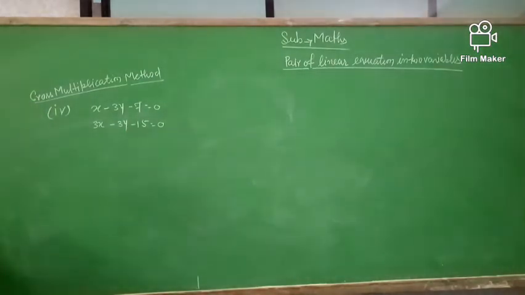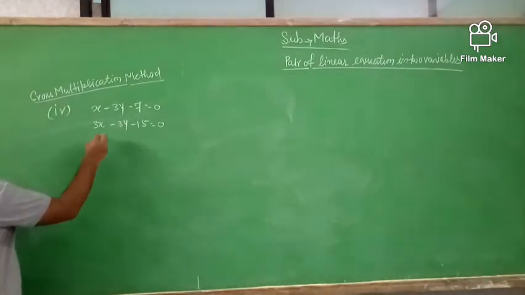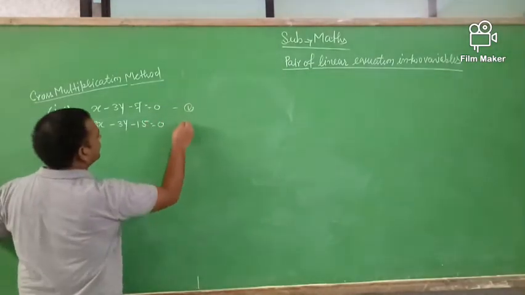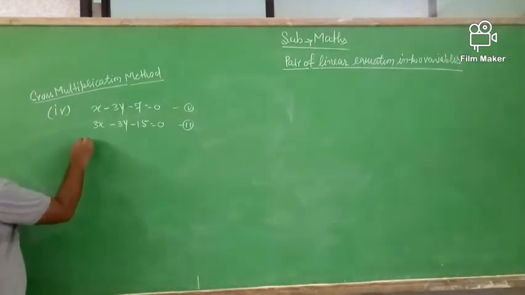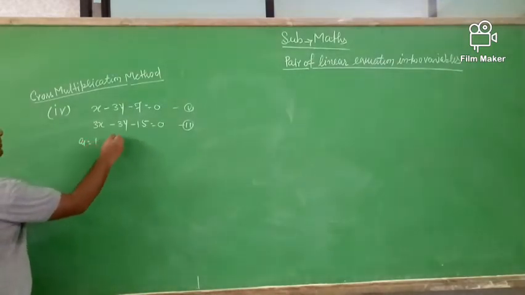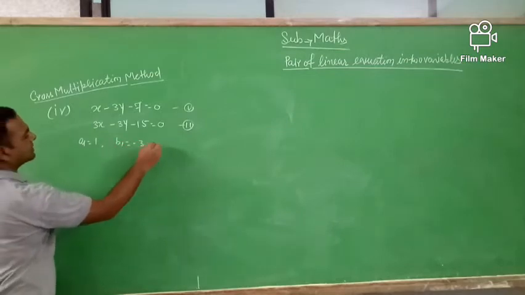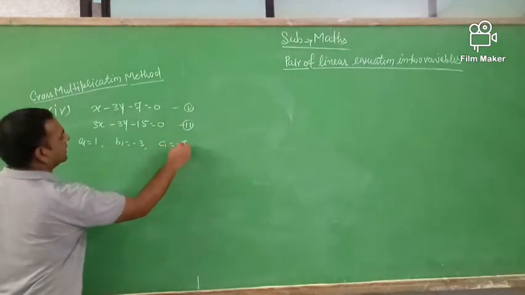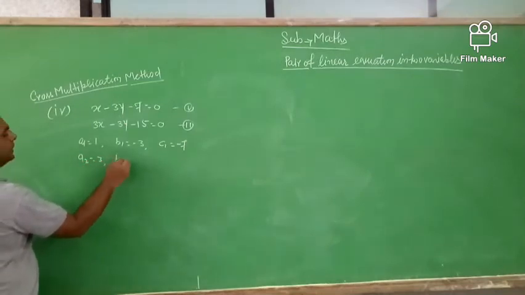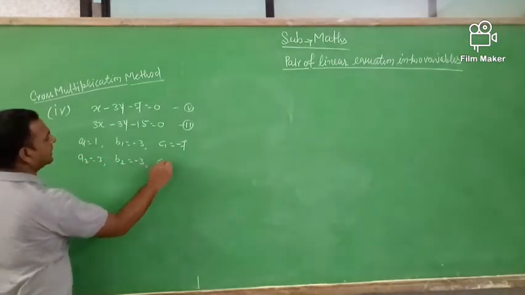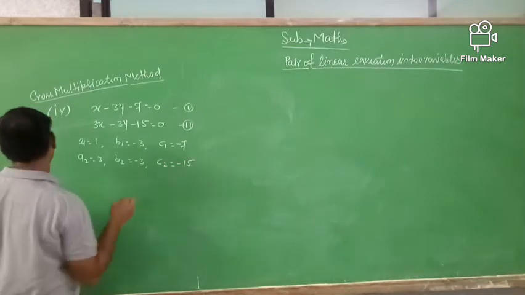You see that this is the equation number first, and this is the equation number second. First I compare: A1 is equal to 1, B1 is equal to minus 3, C1 is equal to minus 7, A2 is equal to 3, B2 is equal to minus 3, and C2 is equal to minus 15.